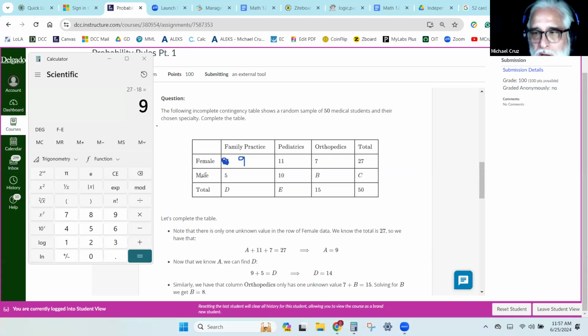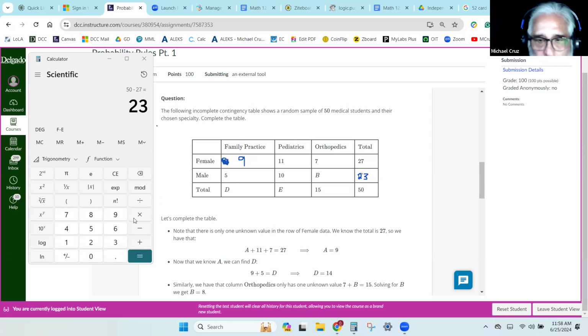All right, so now I'm going to go over here on this side because I'm only missing 1. So 27 from 50. So this is going to be 23. So see, these should total up on these tables, going across. So now if we have 5 and 10, we've got 15.